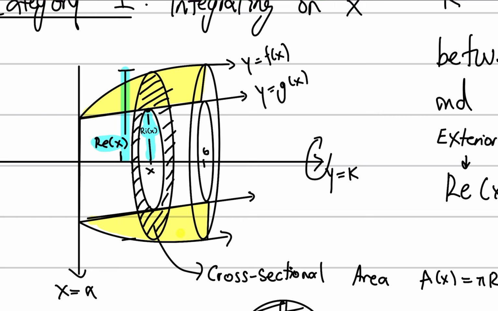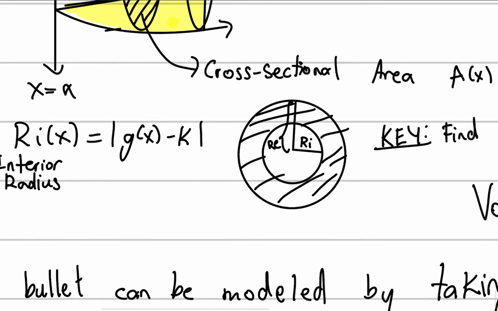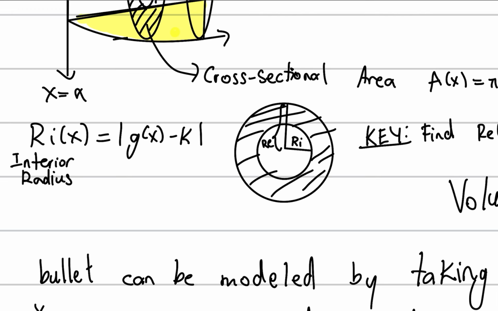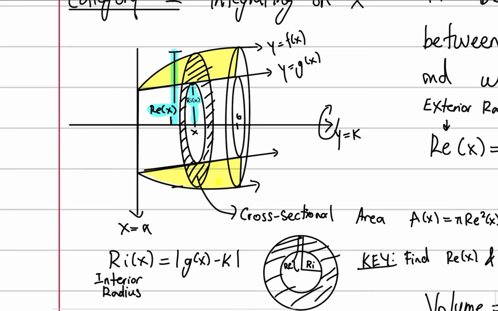It doesn't look like a circle, but if I were rotating it and faced it the other way, it would be a perfect circle, and I've shown this right here. We have an exterior radius and an interior radius, and the area is pi r squared minus pi r squared for the other one. But first we need to find the exterior and interior radius.